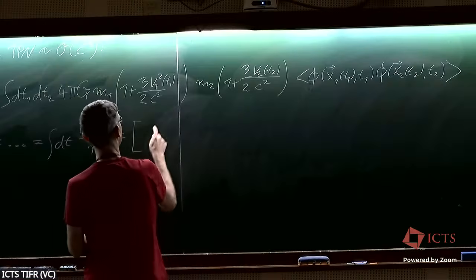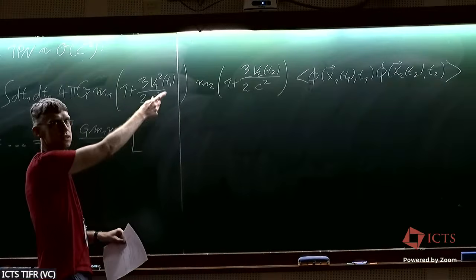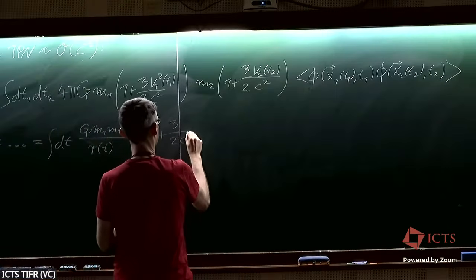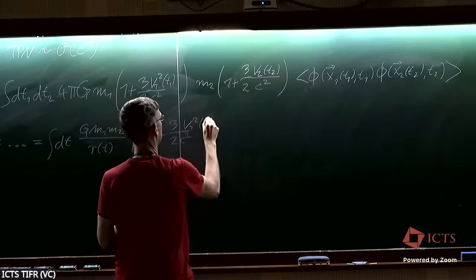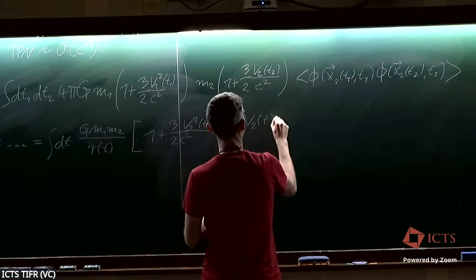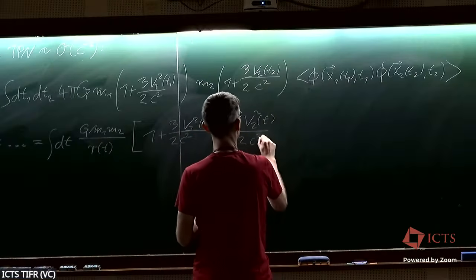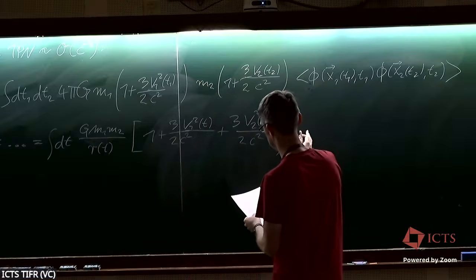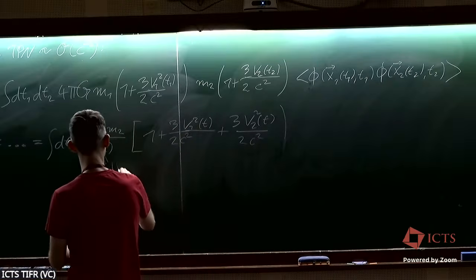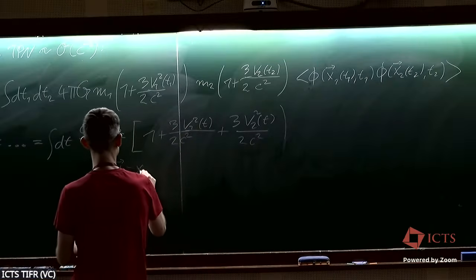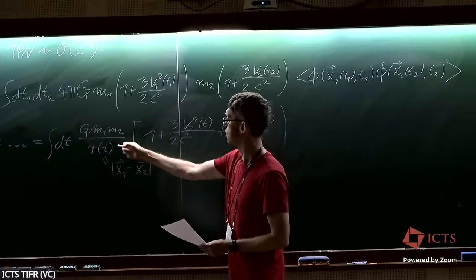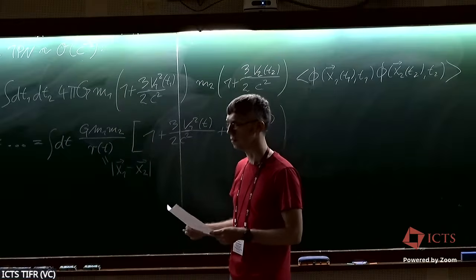But we already have some relativistic corrections from these 1 over c squared terms over here. Like this. Yep. And here, this R of t is basically x1 minus x2, absolute value. Yeah. So this is basically the Newtonian potential that will come out.